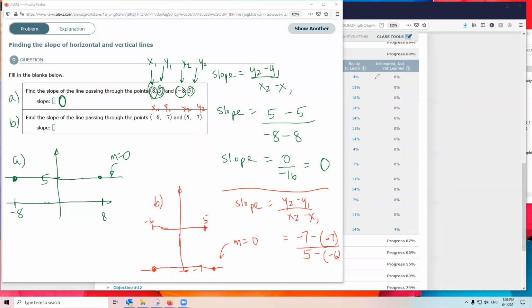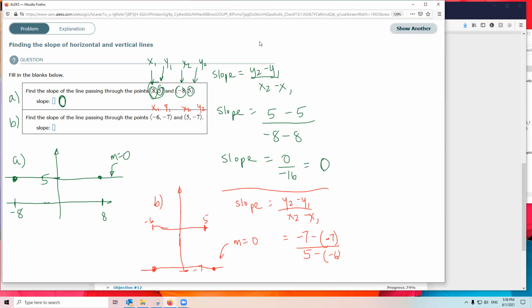Remember, we like to clean up when you subtract a negative, because that flips it to be a positive. So I'm going to write this as -7 plus 7. And on the bottom, it's going to be 5 plus 6. Well, this is 0 over 11, but that's 0.